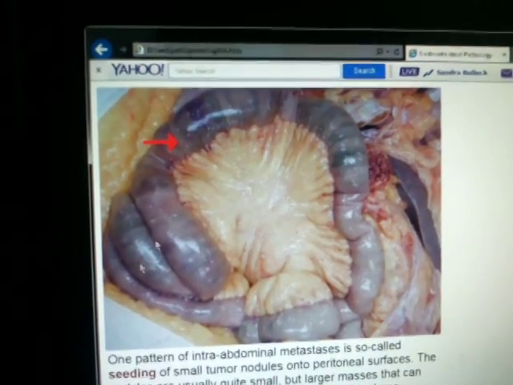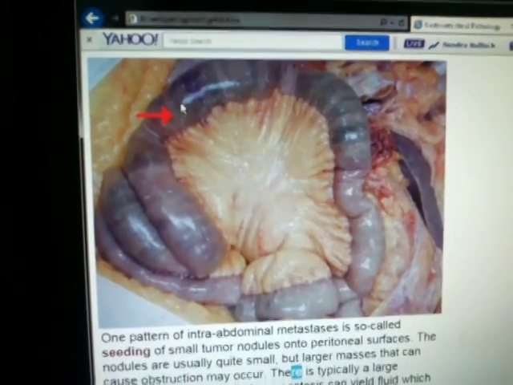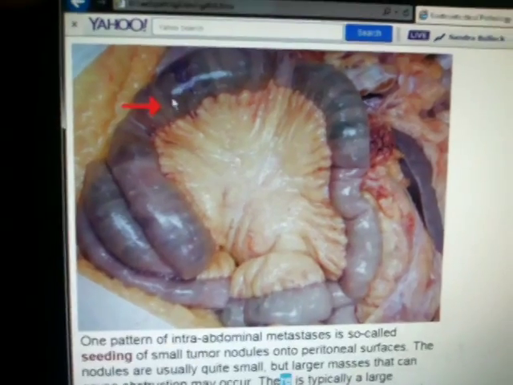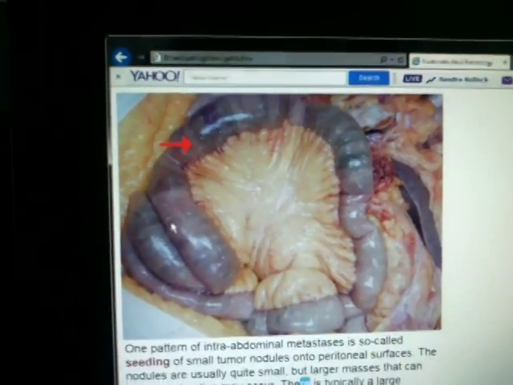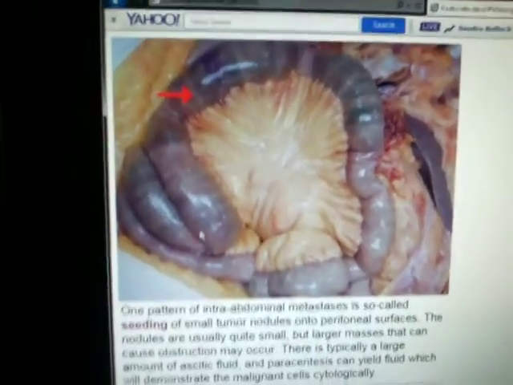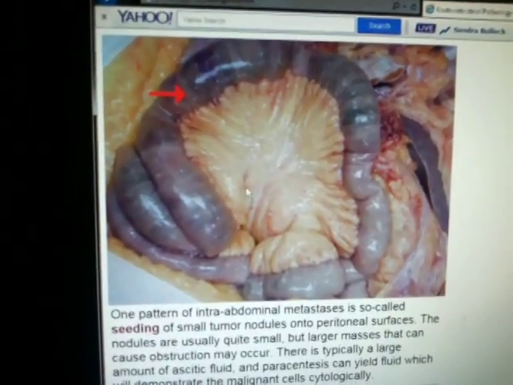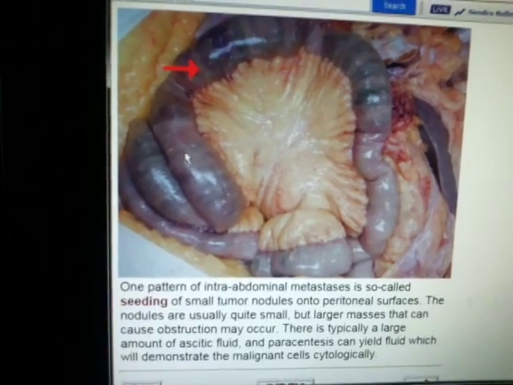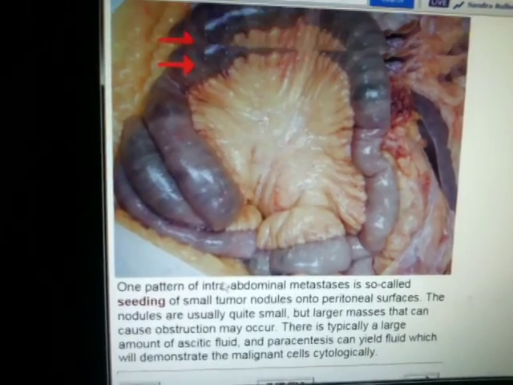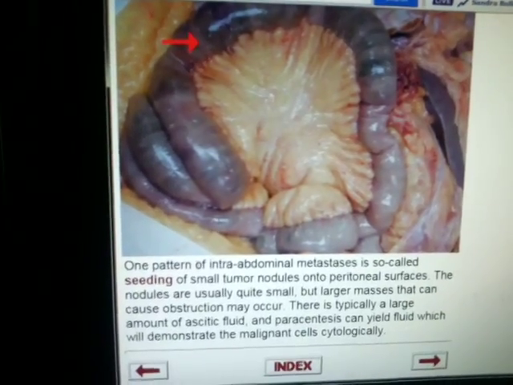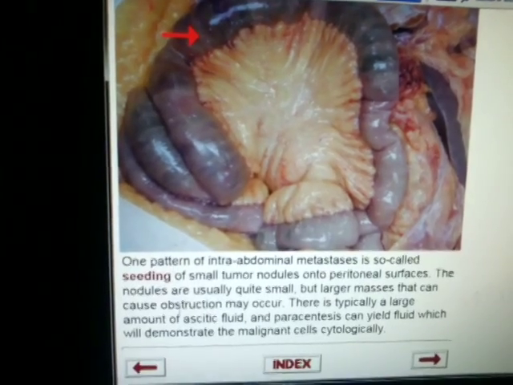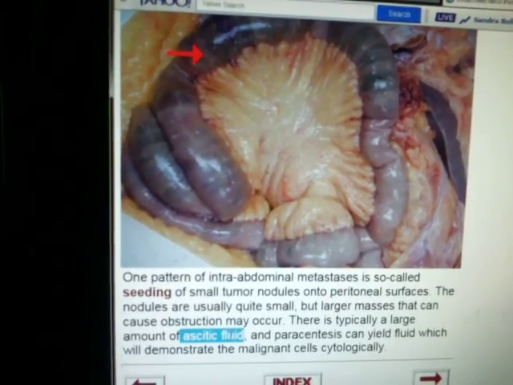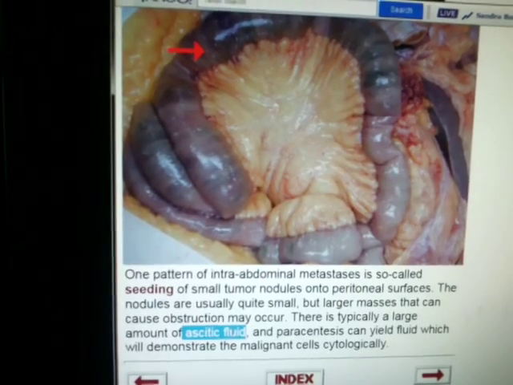And in this peritoneal seeding, usually the tumor nodules are small and seen at the peritoneal surface of the abdominal organs, and they can also grow to a larger size and lead to external compression and intestinal obstruction as well. The patient with peritoneal seeding will also present with fluid inside the peritoneal cavity, which we call ascites.